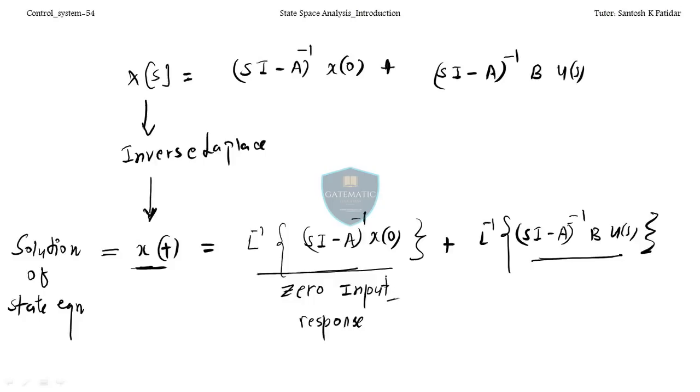When input is zero, the output you are getting is because of the initial state or initial condition. See, x0 is nothing but the initial condition. No input you applied, that's why zero input response. The response because of the initial conditions, the initial values.